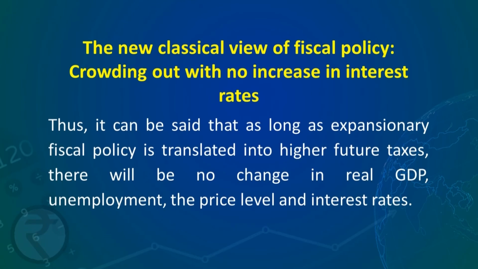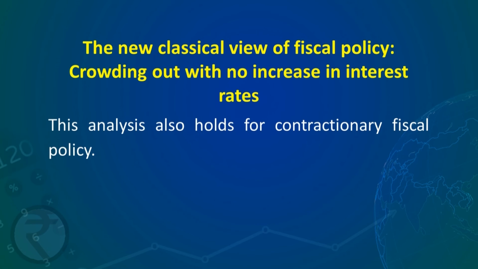Thus, it can be said that as long as expansionary fiscal policy is translated into higher future taxes, there will be no change in real GDP, unemployment, the price level and interest rates. This analysis also holds for contractionary fiscal policy.